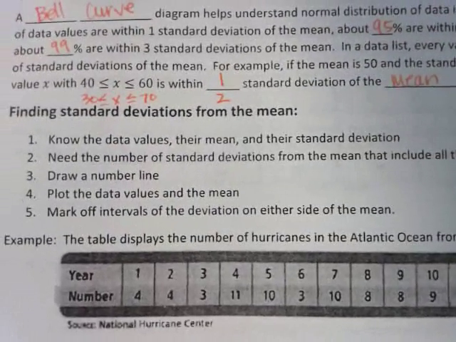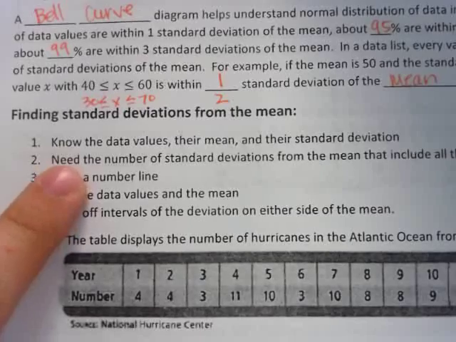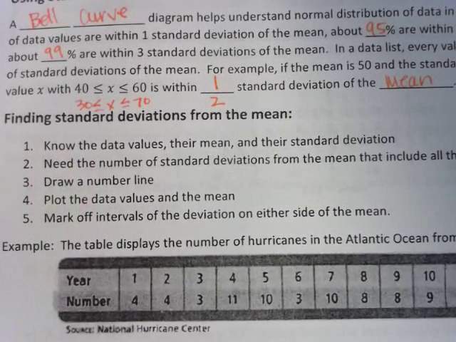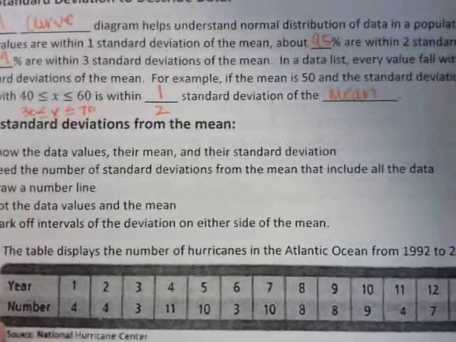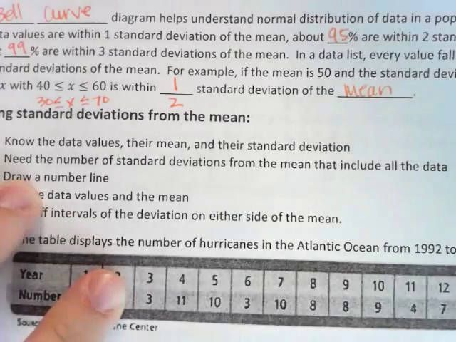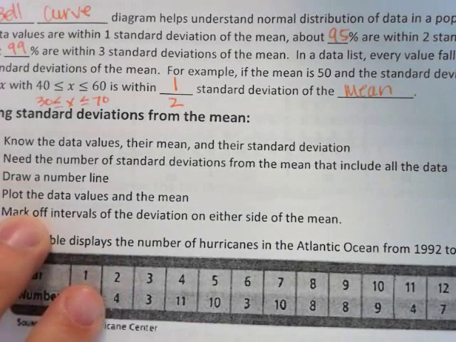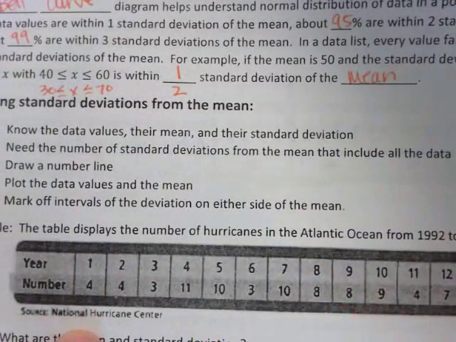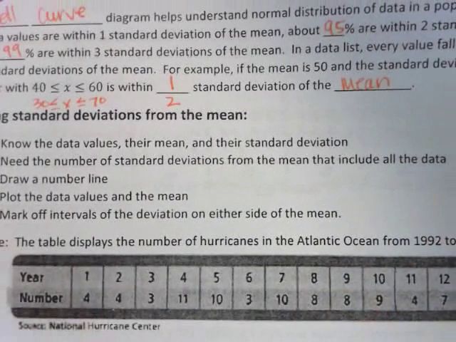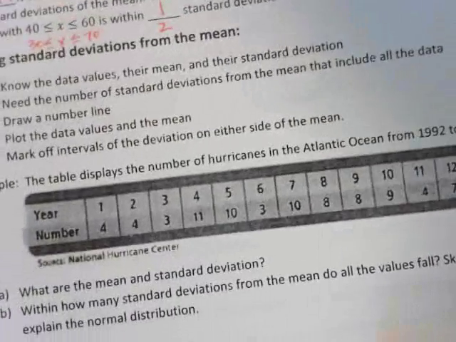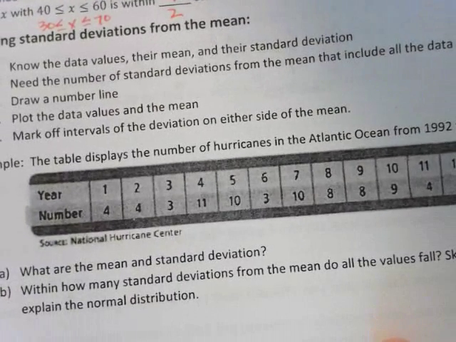Okay, in order to use this, you need to know the data values, you need to know their mean, and you need to know their standard deviation. It's helpful to know how many standard deviations would include all the data. You can draw a number line, plot the data points, and mark intervals of where things go. So the first thing we want to do, and I'll let you do it, is find the standard deviation.